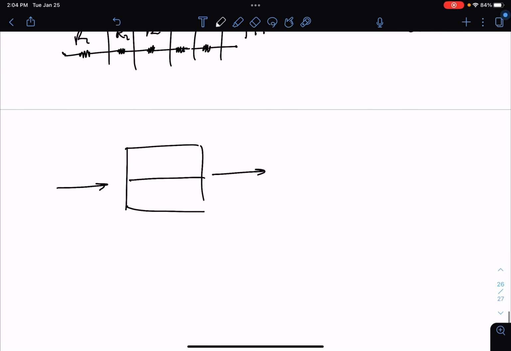So it is essentially seeing this wall as a parallel thermal resistance. What is the difference here? The only difference is the orientation of your wall, right? Or the direction of heat transfer. Nothing else is different. And how would we find the total heat transfer here? Total thermal resistance.